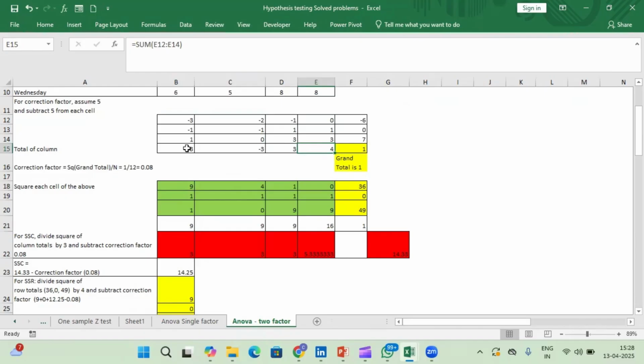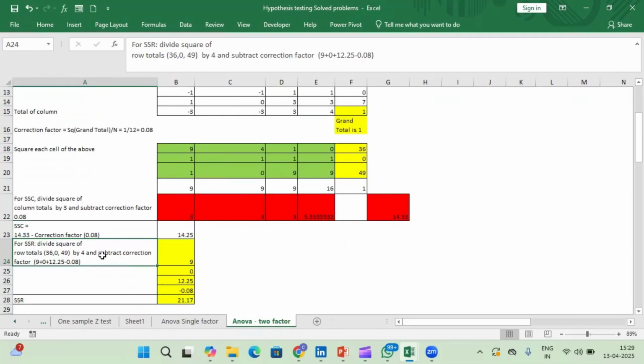So each column total has to be squared. So 9 divided by 3 is 3. 9 divided by 3 is 3. 9 divided by 3 is 3. 16 divided by 3 is 5.3. Then the total of this comes to 14.3, and subtract 0.08. That is 14.25. That becomes SSC.